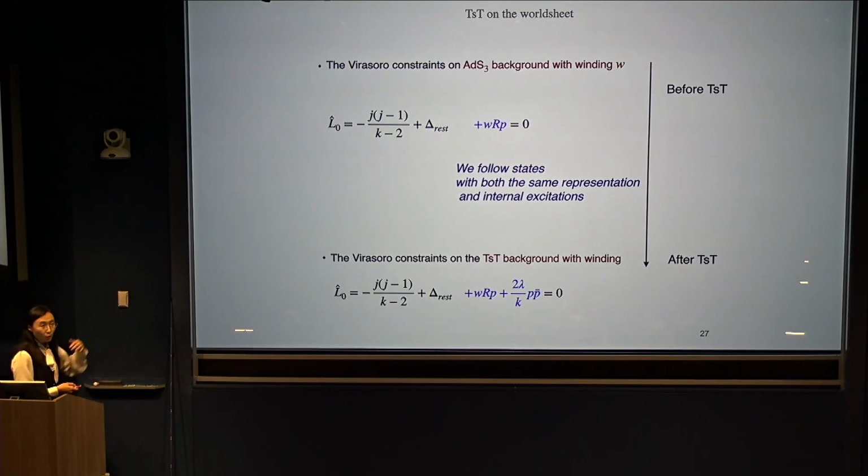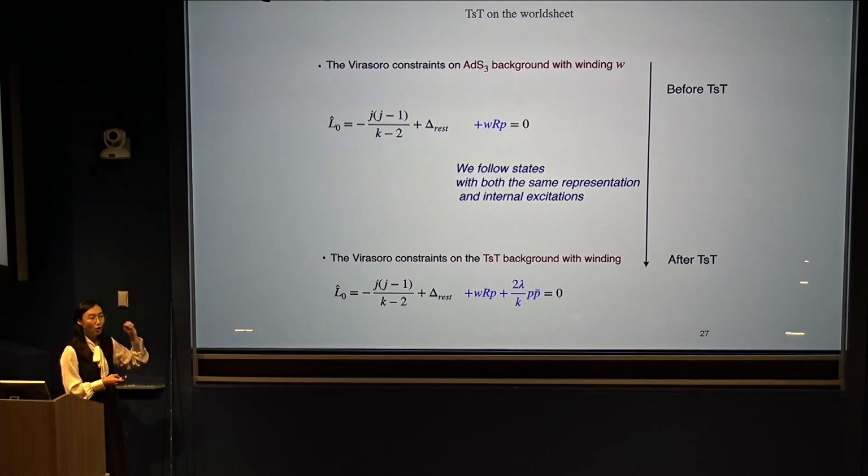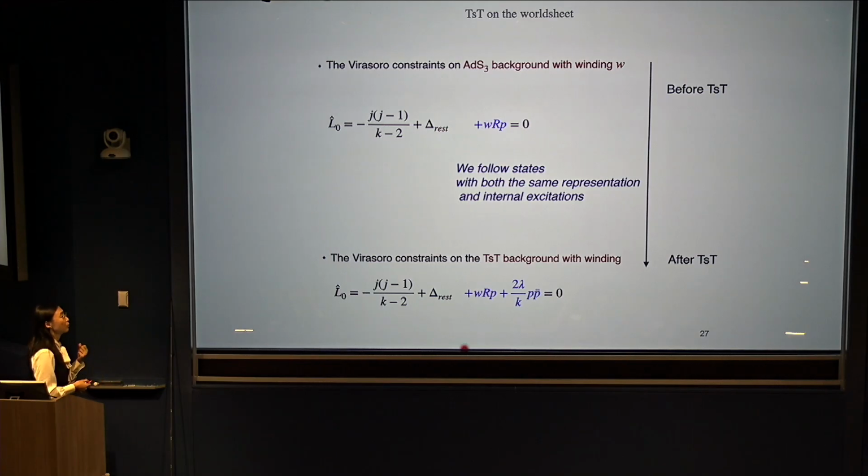Then we can compare the spectrum. We need the Virasoro constraint to be satisfied before and after, and we decide to trace a certain operator or certain state with the same internal excitations and also the same representation.